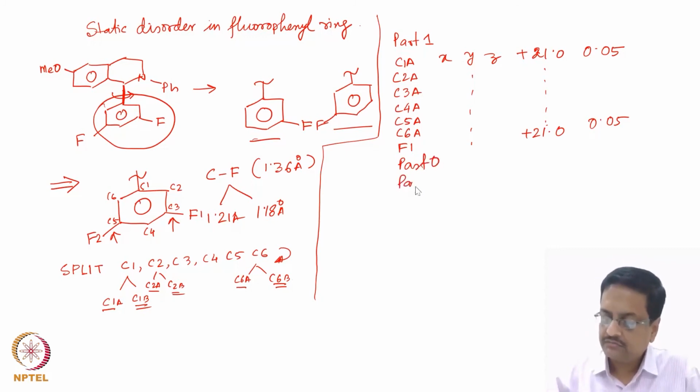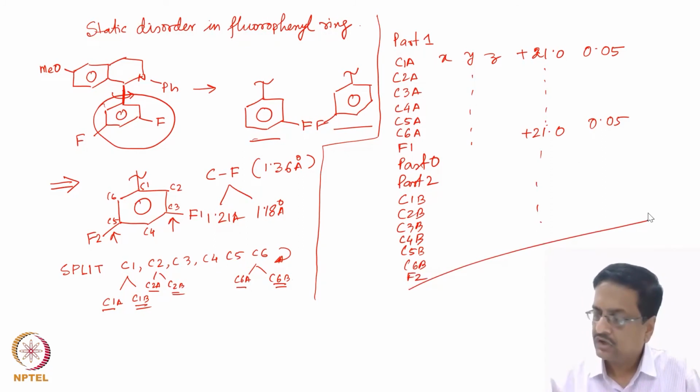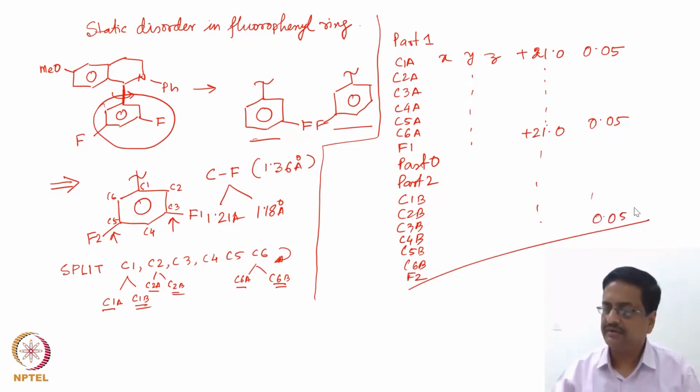Similarly, write part 2 and include C1b, C2b, C3b, C4b, C5b, C6b and F2, all with 0.05 as the thermal parameter.